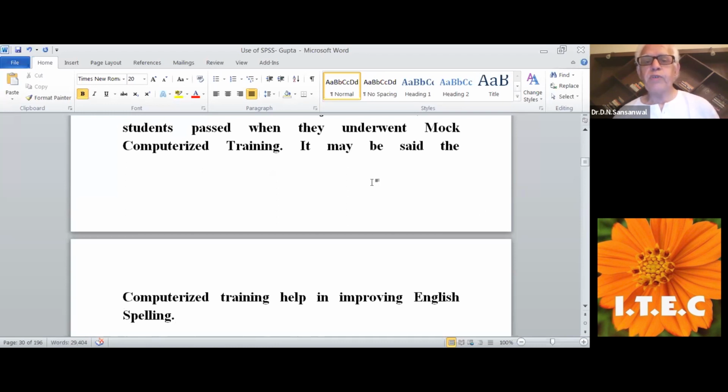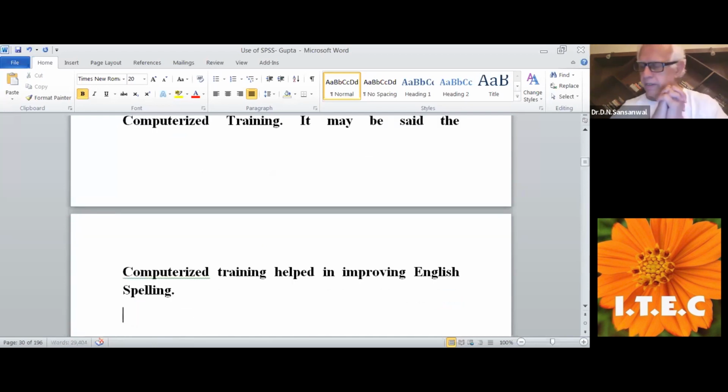And this becomes your conclusion: computerized training helped in improving English spelling. So therefore, this is how you can use the Cochran.